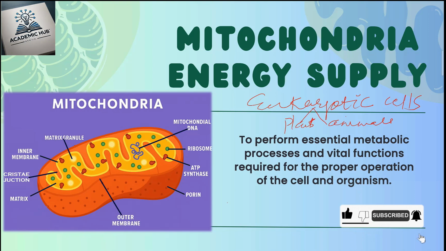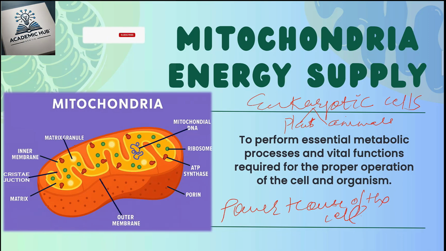Mitochondria are often called the powerhouse of the cell because they produce ATP. ATP means adenosine triphosphate, the main energy currency that fuels a wide range of cellular processes.